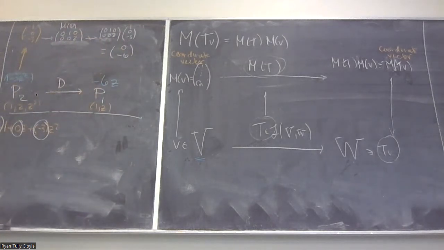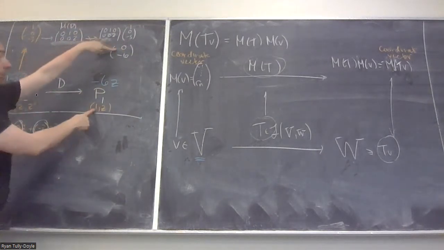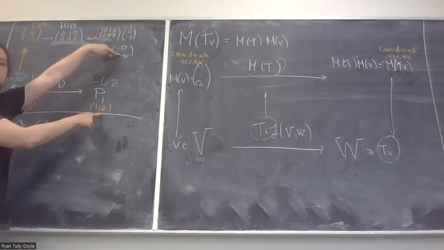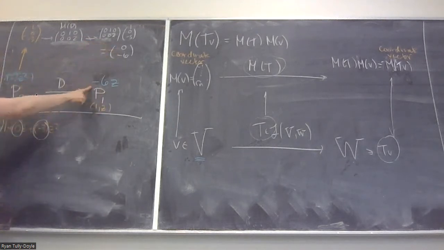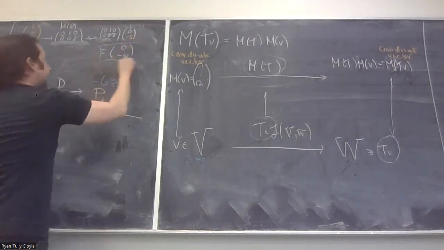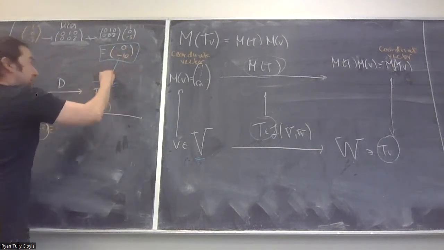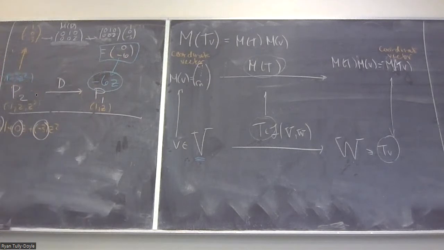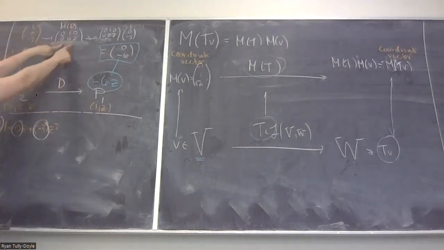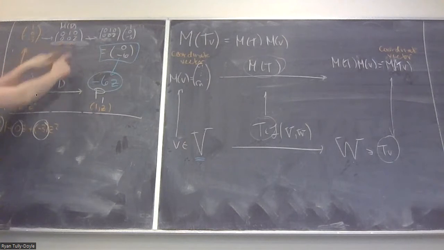What does that mean? This tells you 0 copies of 1 and negative 6 copies of z, which is exactly what came out when you applied the derivative operator. So this vector is the vector representation of that function in P2. You can either do the operation down here in the vector space, or you can do exactly the same computation up here by studying matrix multiplication instead.